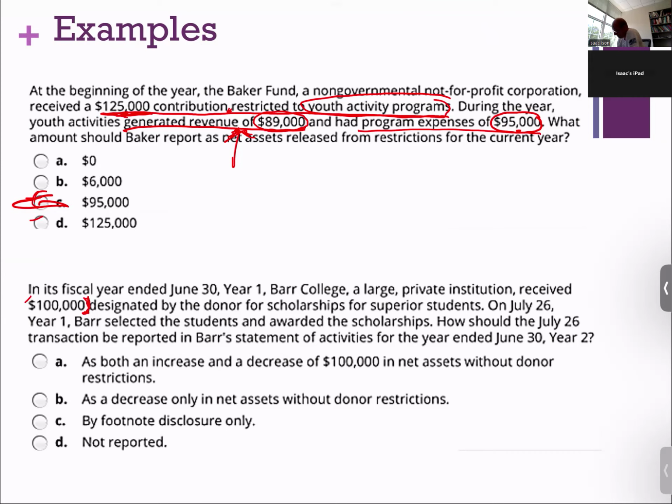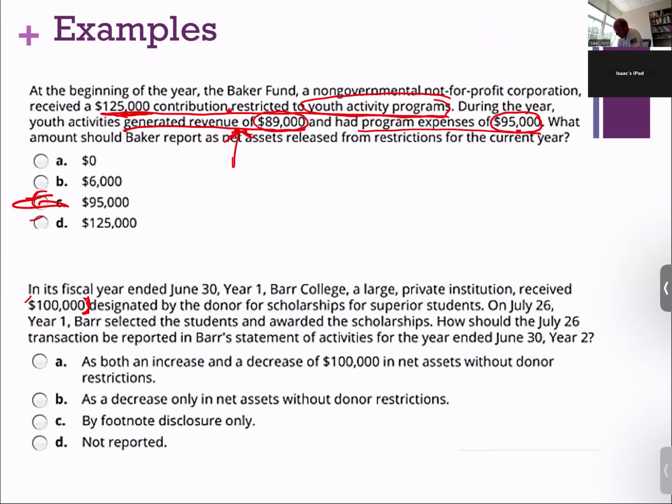Then we ended up selecting the students and awarding the scholarships. Okay, so we met the criteria and spent the money. How should the July 26th transaction be reported in Barr's statement of activities for year ended June 30th, year two?